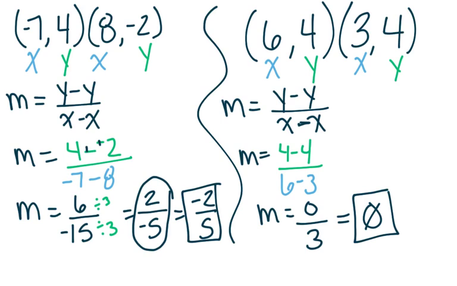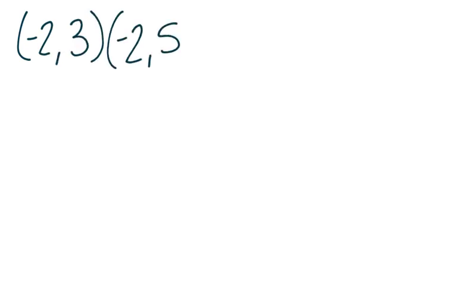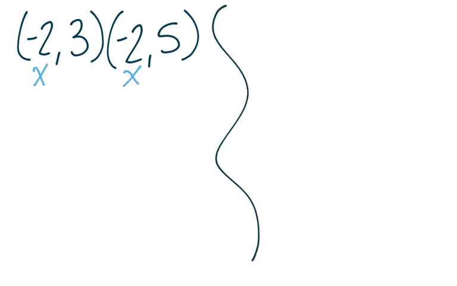Okay? So let's go ahead and do another one. So if I have negative 2 comma 3 and negative 2 comma 5, x and x, y and y, m equals y minus y over x minus x.